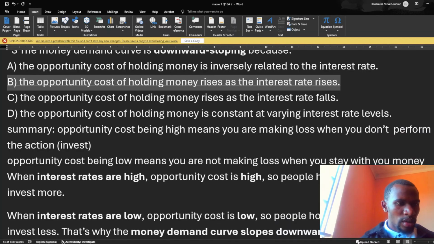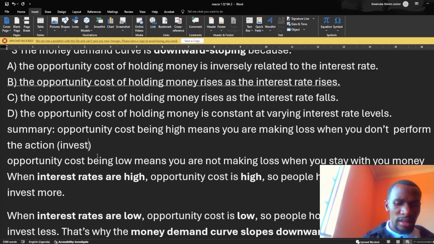First of all, a high opportunity cost means you are making a loss when you don't perform the action, and that action is saving in the bank.